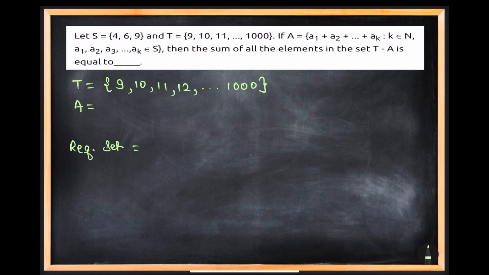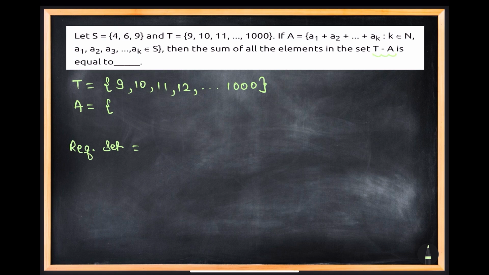So I feel that in set A some elements will stay. Let's imagine, and in difference, T minus A means what?